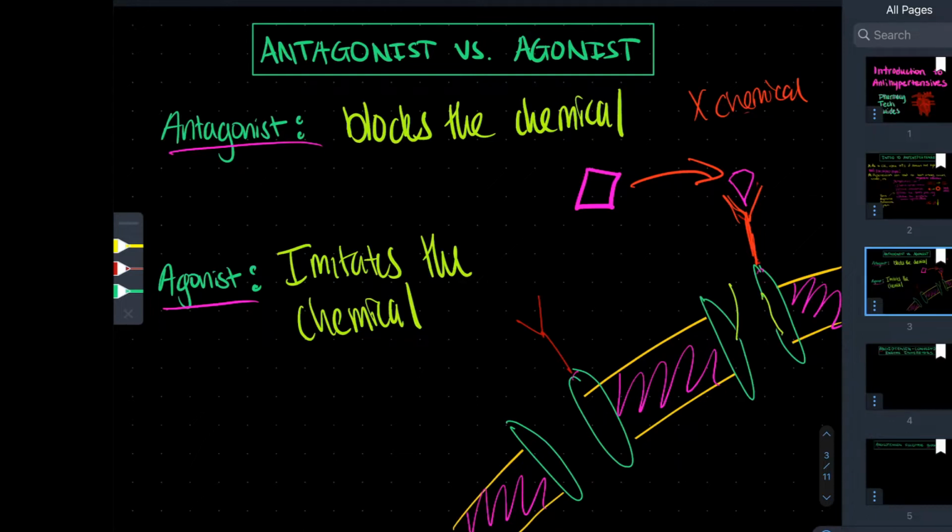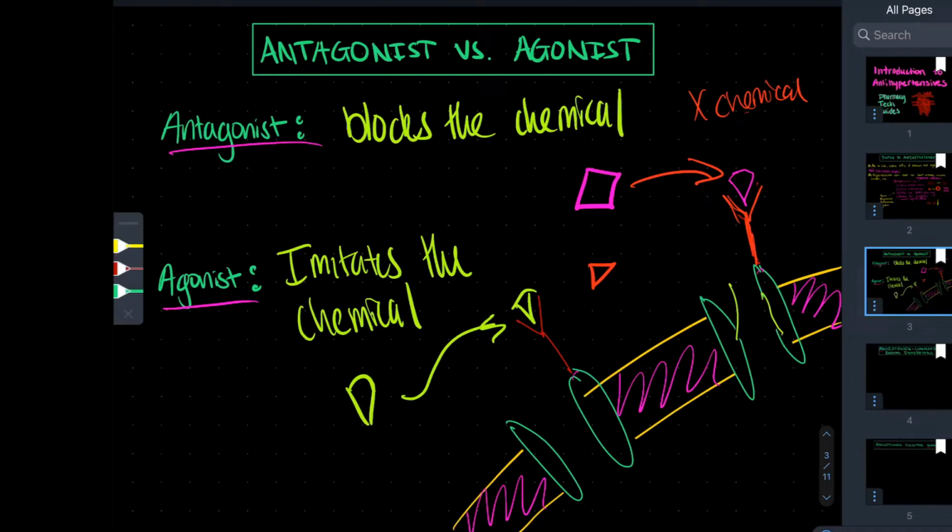So whereas the antagonist just straight up blocks the channel and does not activate the effect, let's say this is the agonist, it can bind here, and even though it's not the same as our X chemical, it still can produce the same effect.